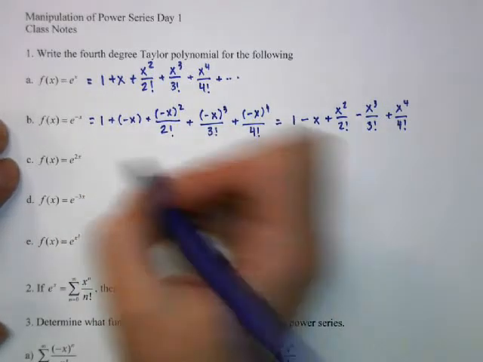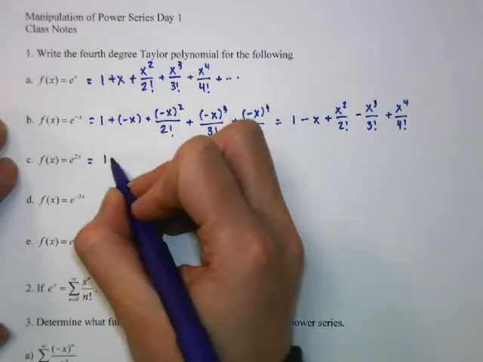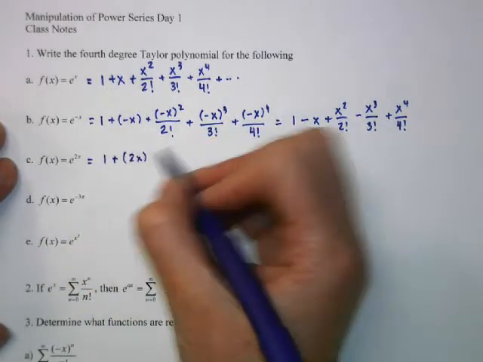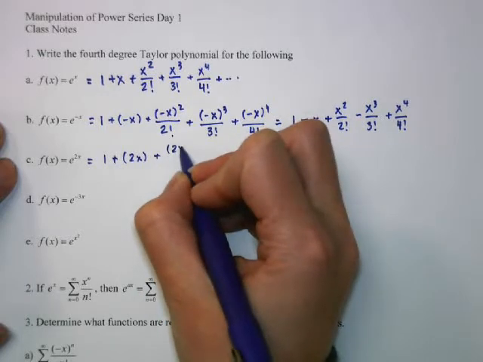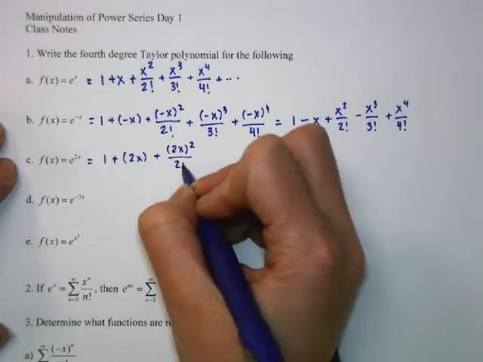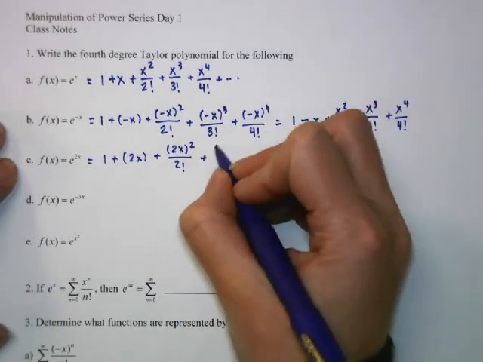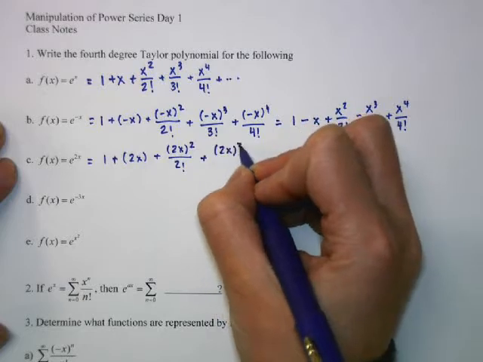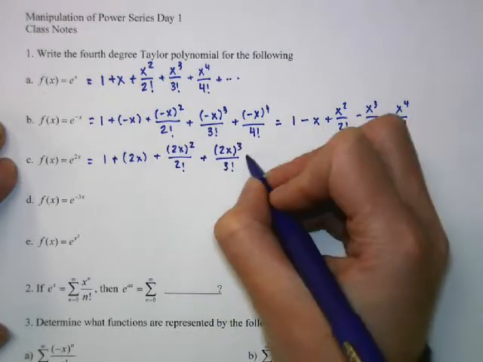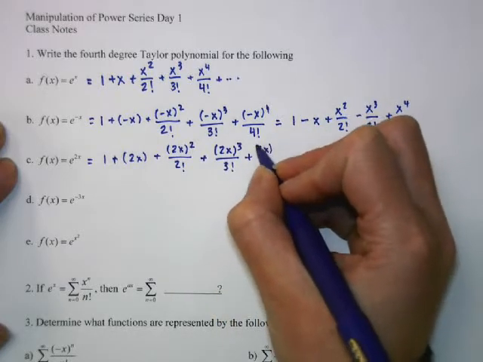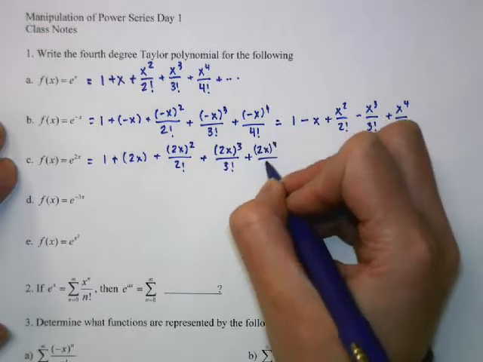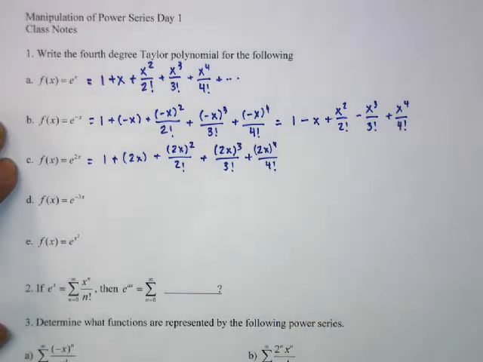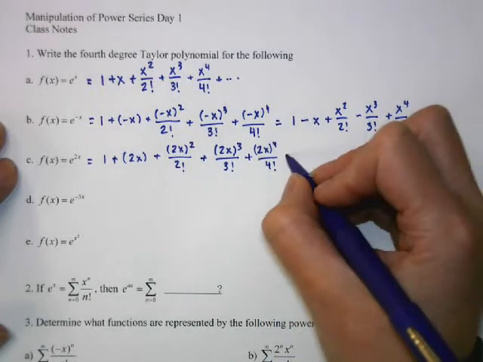Okay, let's do the same thing with 2x. So 1 plus 2x plus 2x squared, and then simplify.